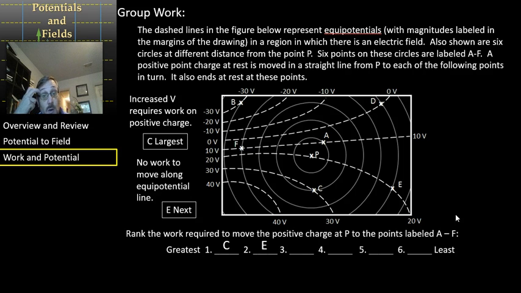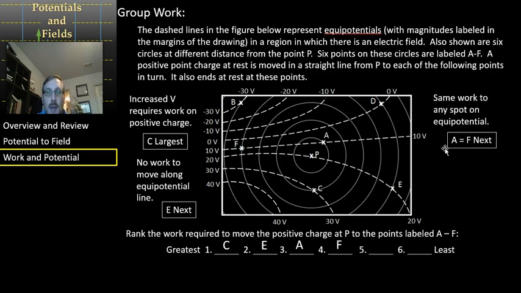Now we've got a bunch of other ones, and basically we can just keep on going down here. The 10 volt line, everything along it takes the same amount of work, and that's F and A. So A equals F, so we can have AF or FA. It doesn't matter because we're ranking and they're equal. Then we go down to 0 volts.